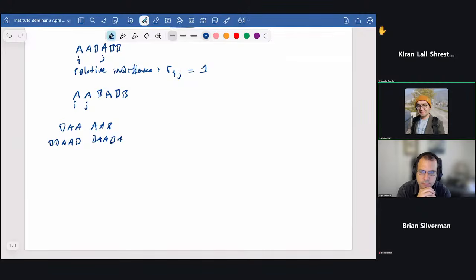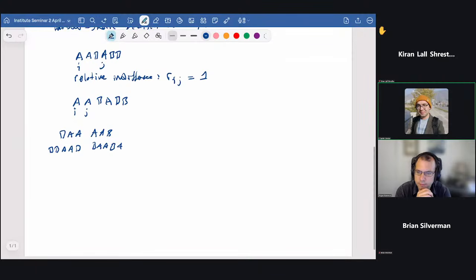As you see, these are distinguished because one is not equal to the other, or one is not the transpose of the other string. So that means R12 is 2. And this is R14, which is 9. So this is the definition of relative indifference.